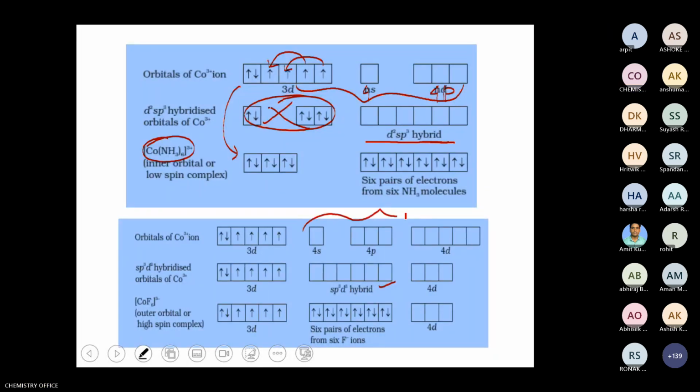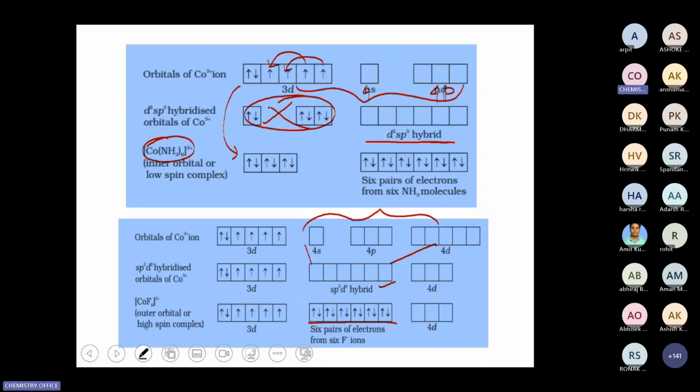There are 6 vacant orbitals in which the 6 lone pairs of electrons from the 6 fluoride ions are entering. So here the hybridization is sp3d2, but earlier it was d2sp3.